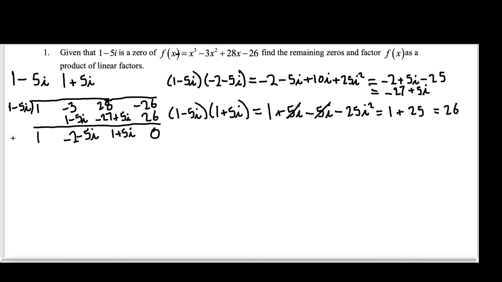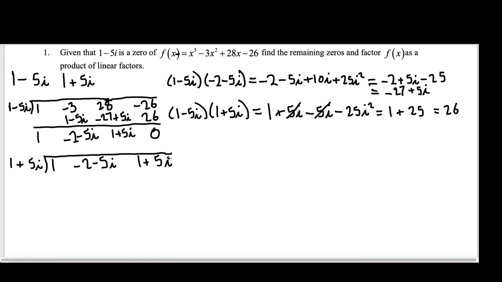So when I do synthetic division a second time, I'll set it up over here. Okay, instead of putting the coefficients from the original function in there, I'll put the results of the first synthetic division down here. So I've got 1, minus 2 minus 5i, 1 plus 5i.